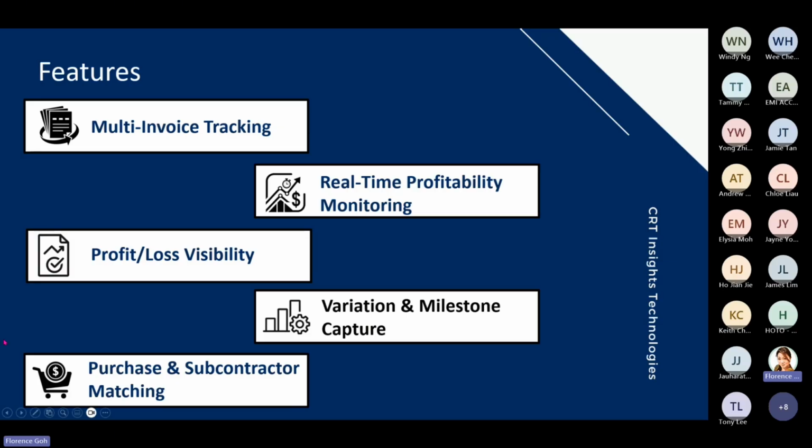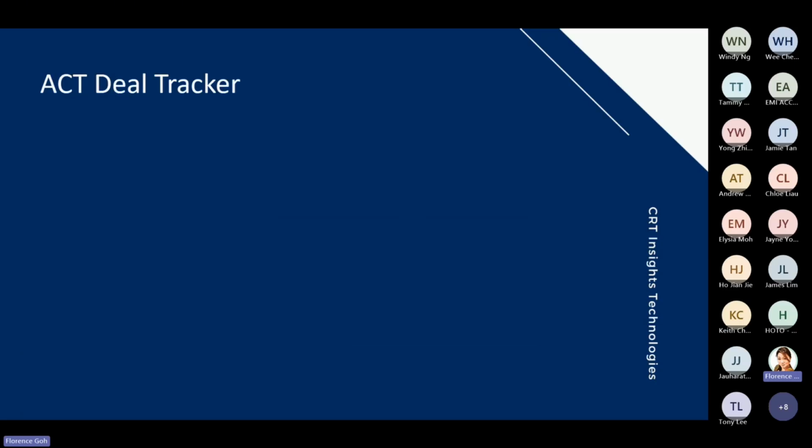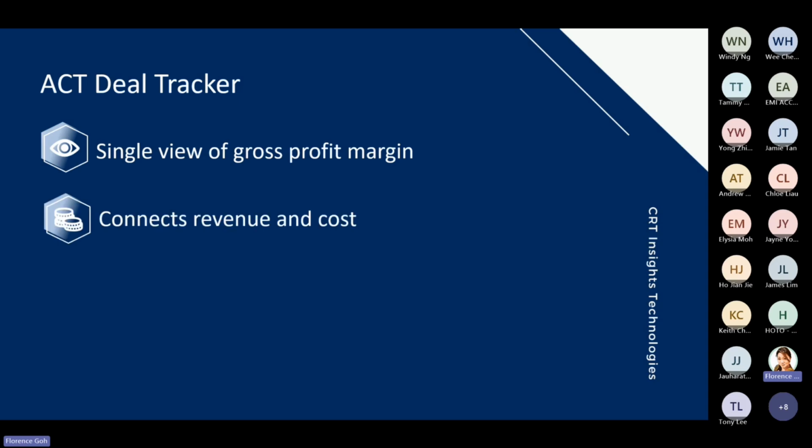Together, these capabilities give you the clarity and control that is needed to manage deals and contracts with confidence. With ACT, Deal Tracker is embedded in BC, giving you a single view of every deal's profitability by automatically linking all the sales, purchase, and expenses into one view.